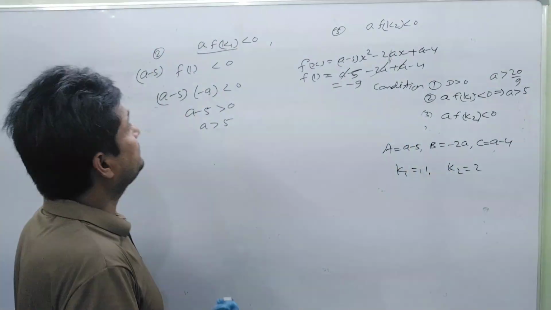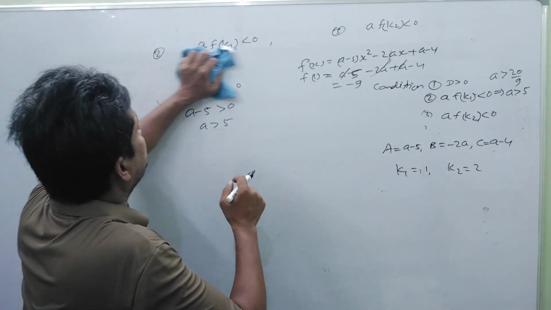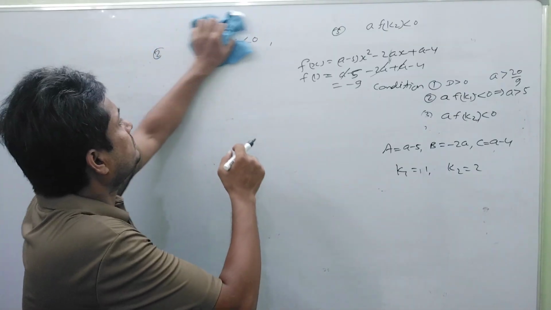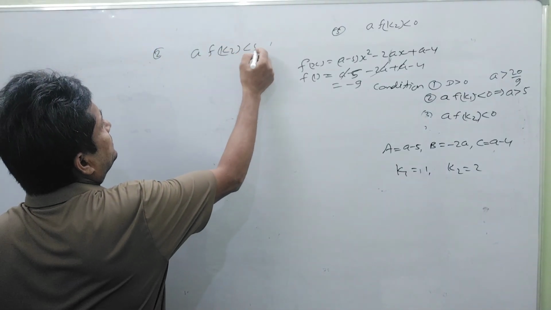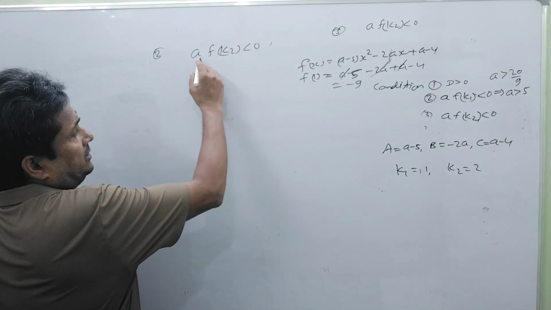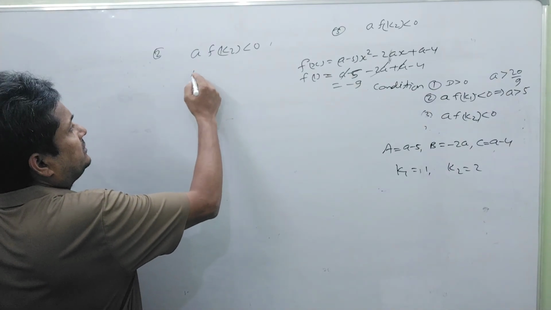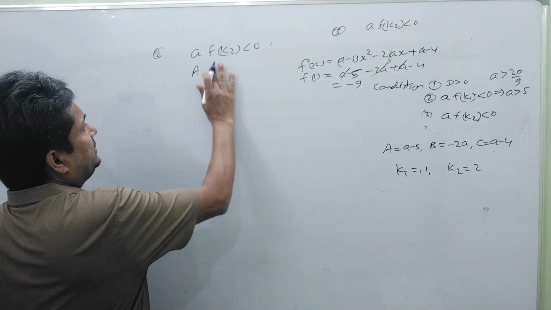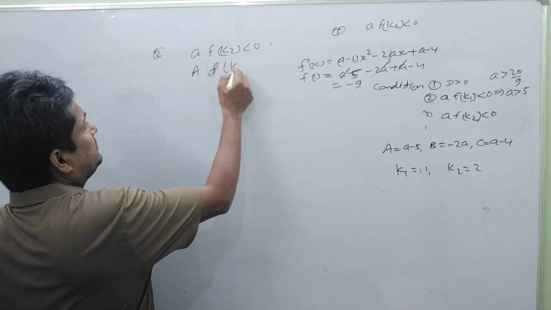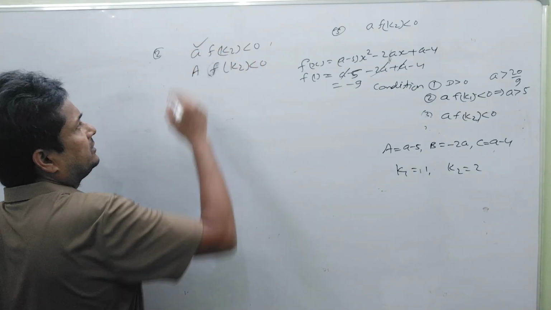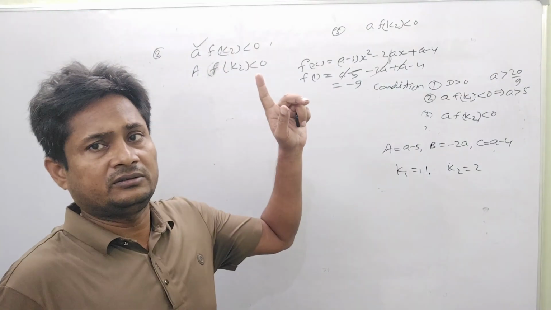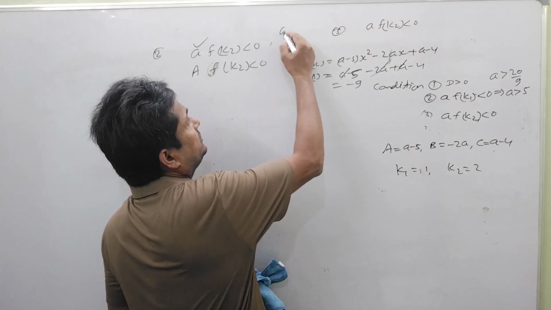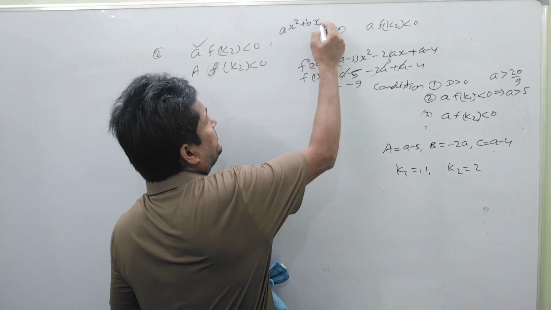Now the third one. Third condition is A times f(k2) less than 0. Basically we have taken small a in the case of quadratic equation ax square plus bx plus c.